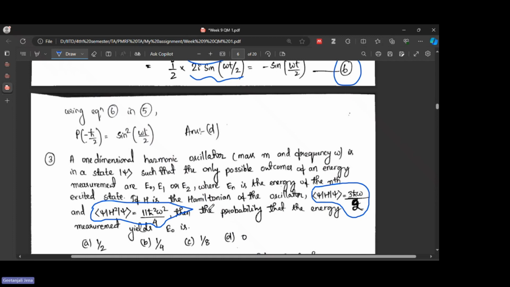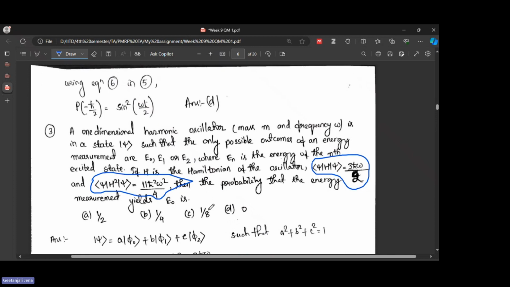So let us see how you can solve this problem. It is given psi, and when you measure the energy, the only values you get are either E0, E1 or E2. So that means you can write psi as a linear superposition of the states that have energy E0, E1 and E2, right?